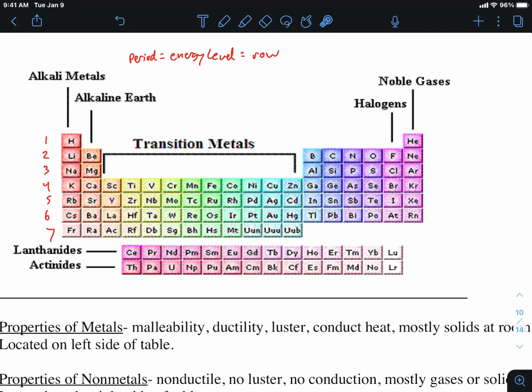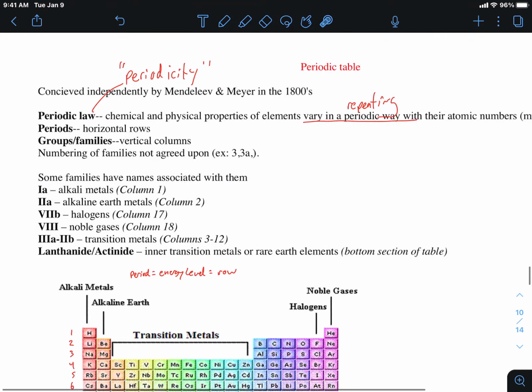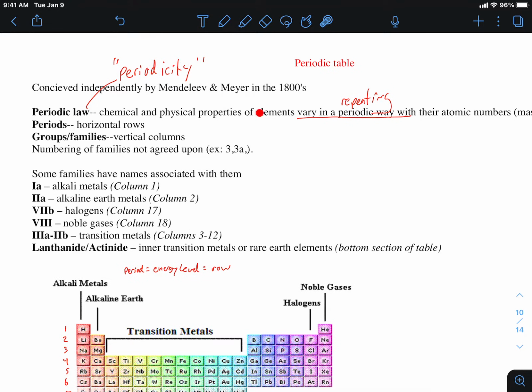If I continue on to the next row, that same pattern is going to happen again, and again, and again. The fact that we have repeating patterns over and over again is the concept of periodicity. So the properties vary in a repeating way.